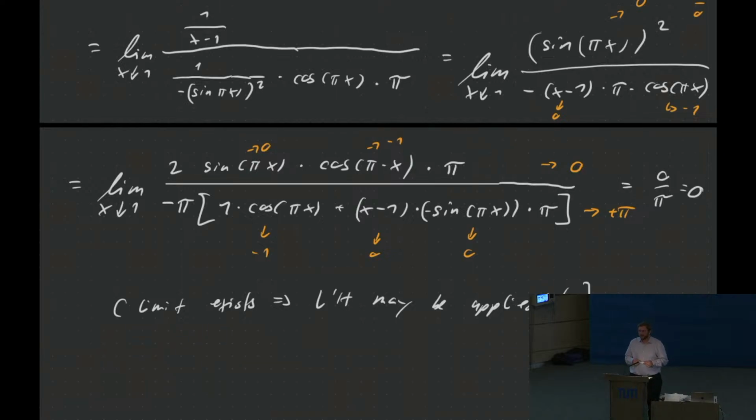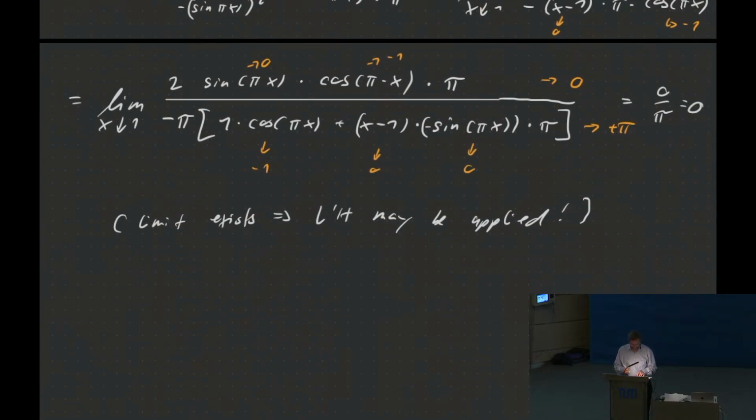Right, so this gives us one part of the answer. At least we have a one-sided limit. And now we can try the same thing for the other part, analogously.